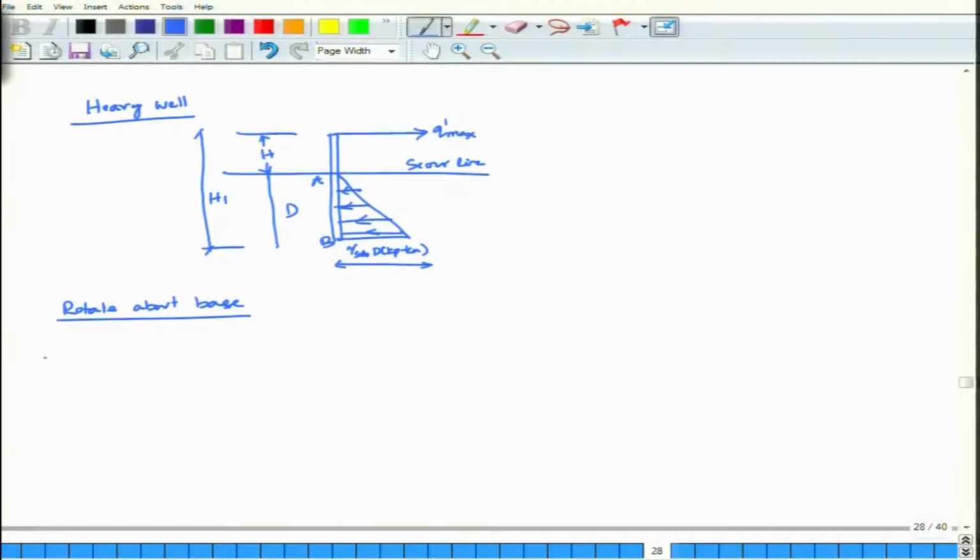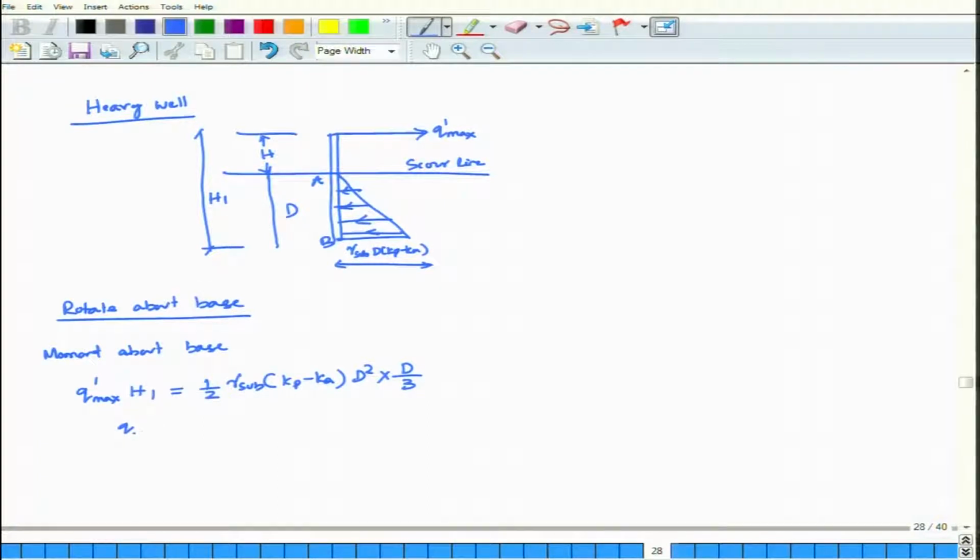Taking moment about the base, Q maximum prime into H1 is equal to half gamma submerged (Kp minus Ka) d square into d by 3.